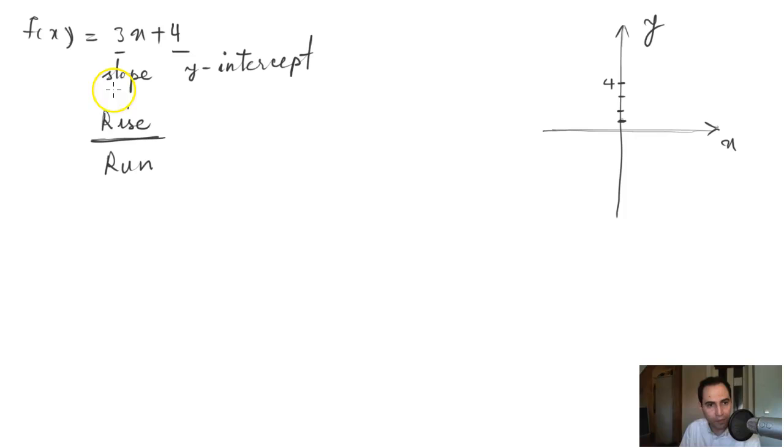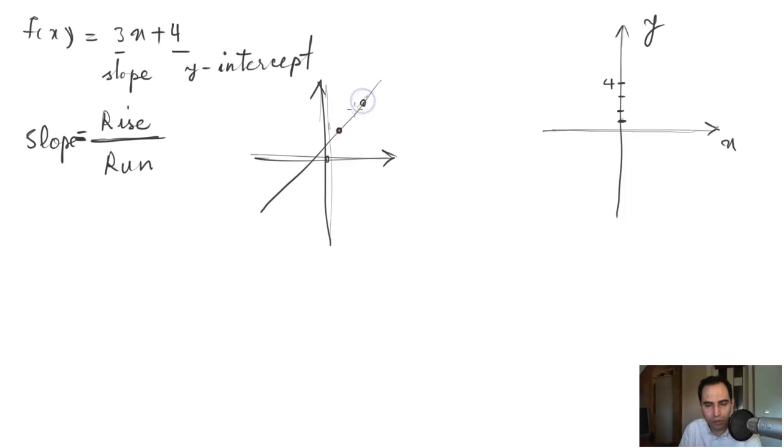For example, this is your slope, and your rise is basically, so if this is, let's say, an x and y axis, and let's say on a graph of a linear function, you can take any 2 points.